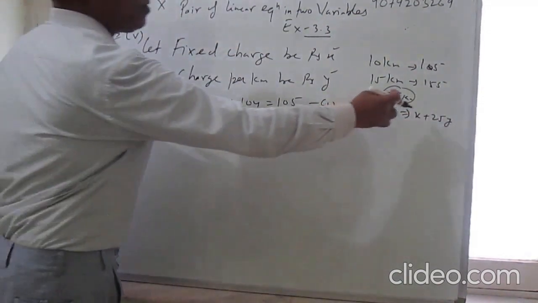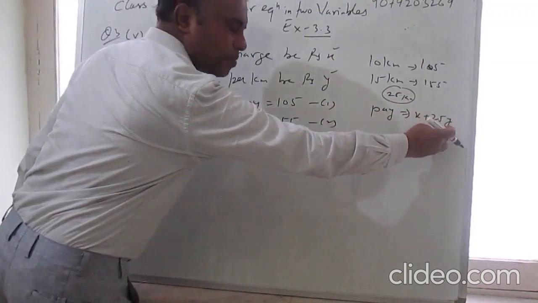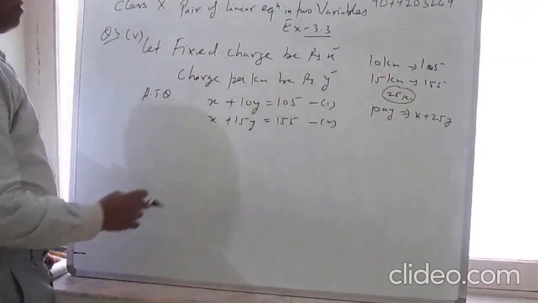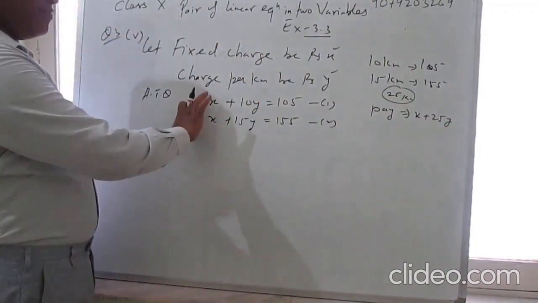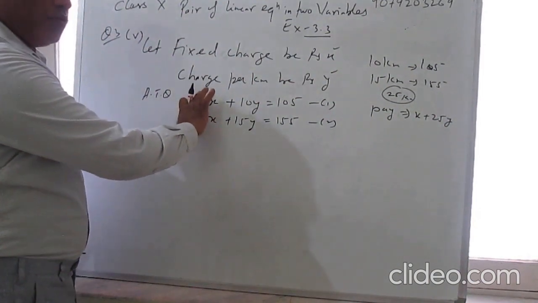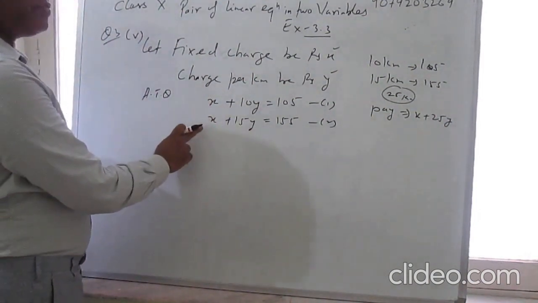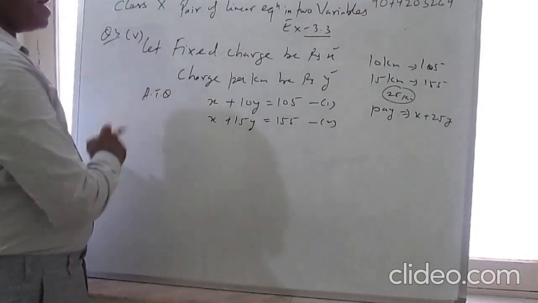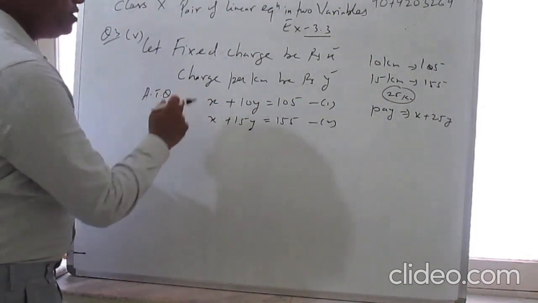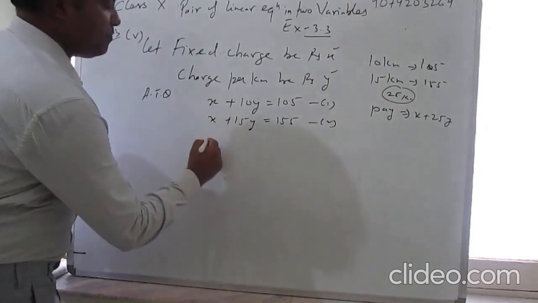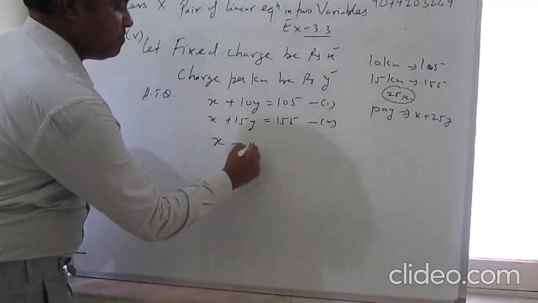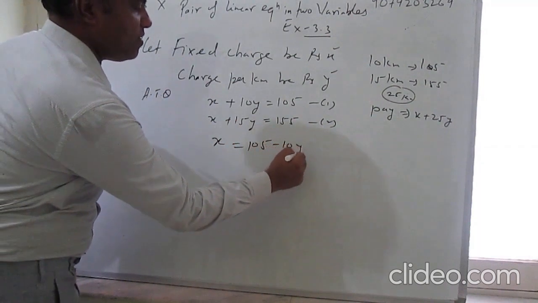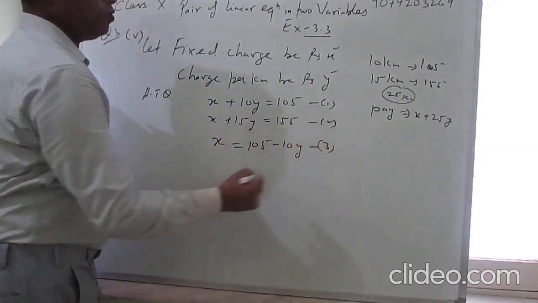So we have to calculate the fixed charge and charge per kilometer. This is easy by the elimination method, but in this exercise we have to solve by the substitution method. So from equation 1 we find the value of x: x equals 105 minus 10y. This is equation 3.